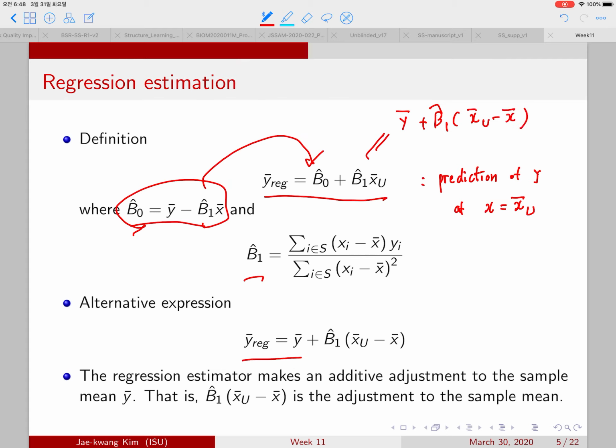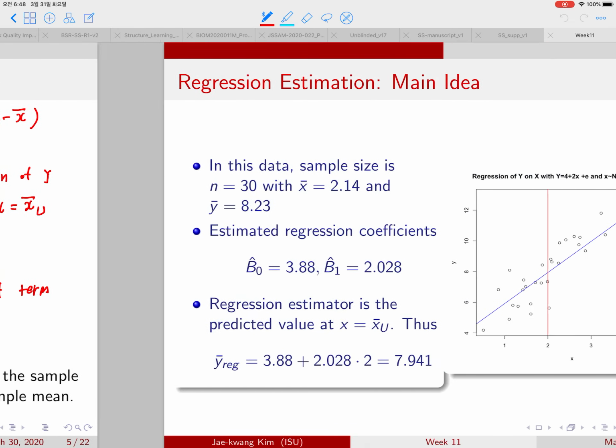This first term is the usual estimator under simple random sampling, and this is the adjustment term. So the regression estimator makes an additive adjustment to the sample mean y bar.